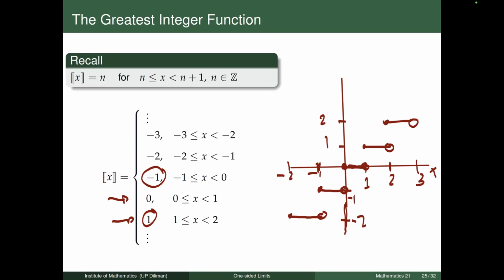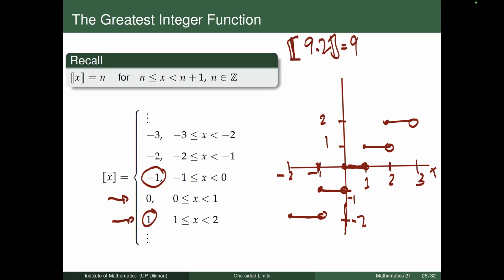Now, what this also says is, if I want to get the GIF of 9.2, okay? The answer here is 9. Because it is the greatest integer less than or equal to the value.